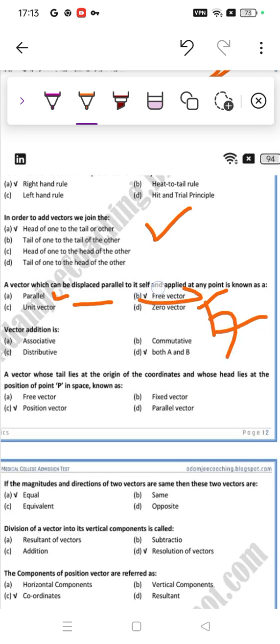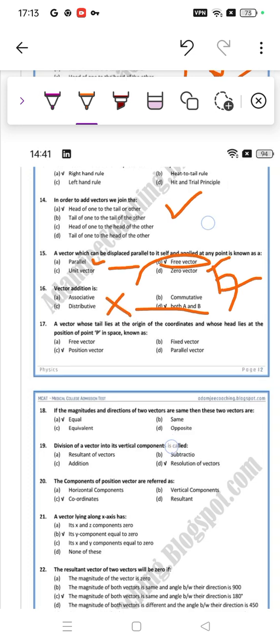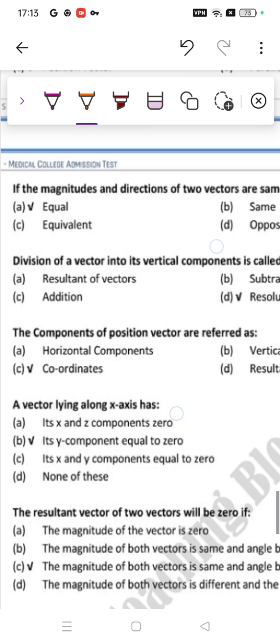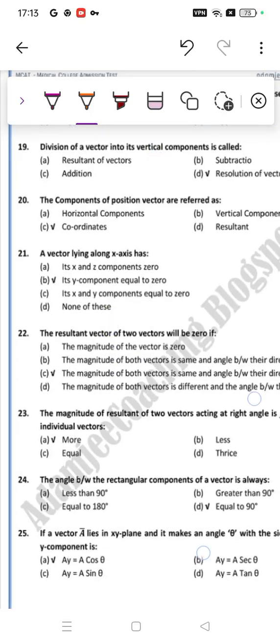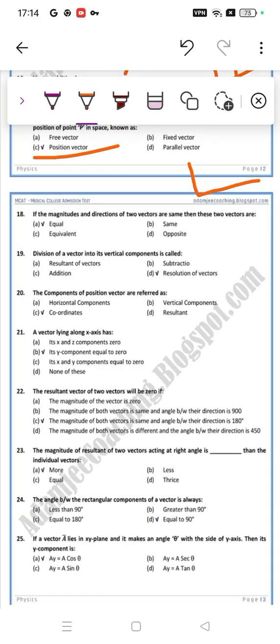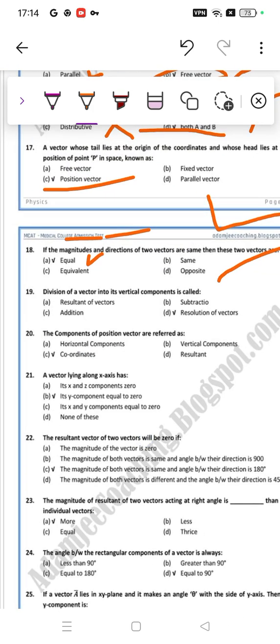So that is a free vector. Vector addition is associative and commutative but not distributive. A vector whose tail lies at the origin of coordinates, and whose head lies at the position of P in space, is called a position vector. They're again highlighting the position. And then we have, if the magnitude and direction of two vectors are the same, these two vectors are equal.